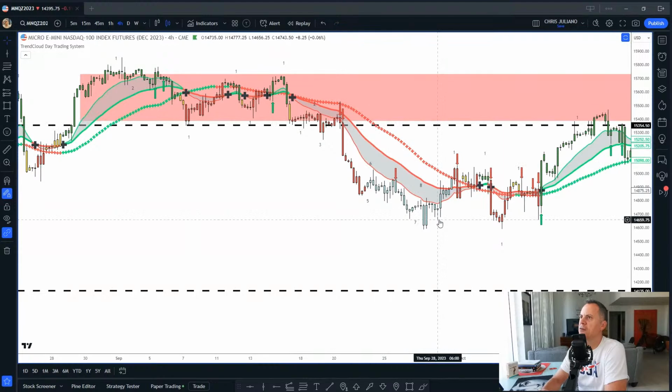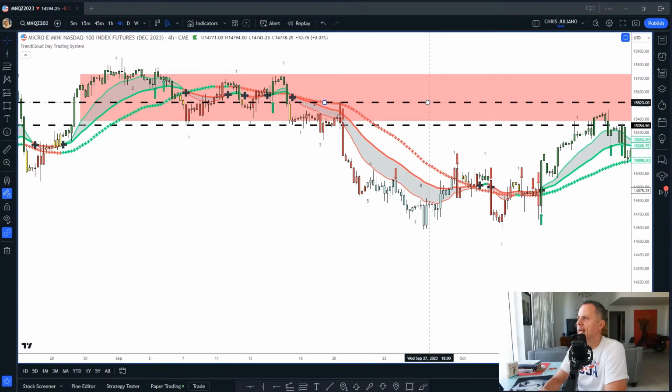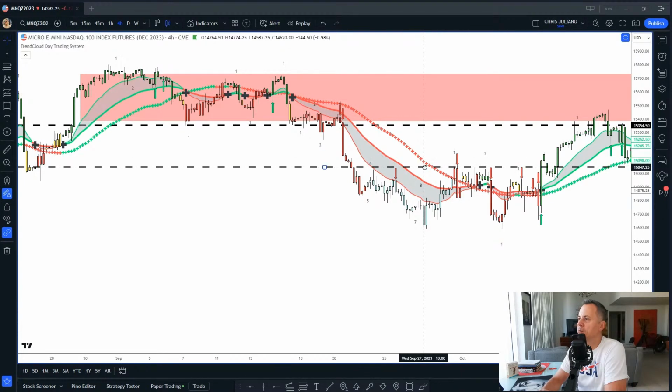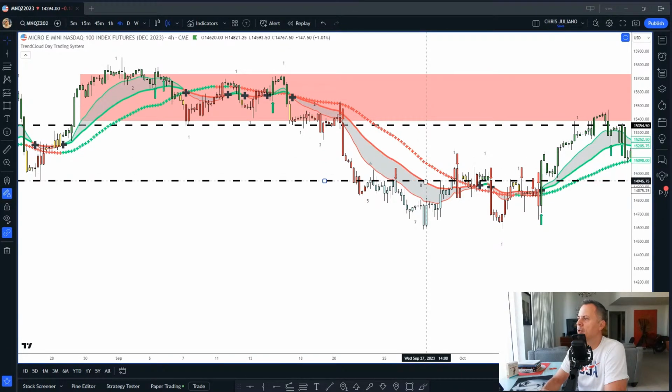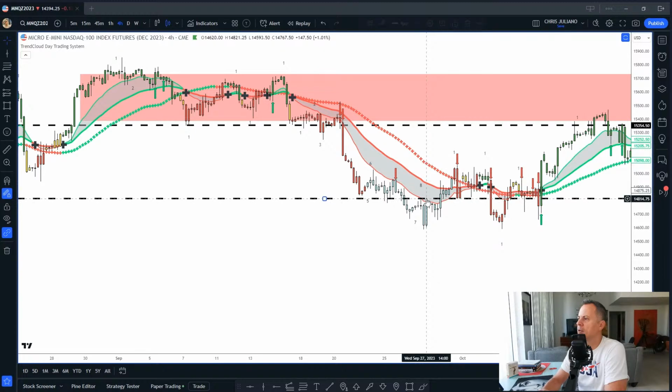From here to here, this is the 4-hour chart, guys. This is from September 20th all the way to September 28th. This is 8 days of profits, okay, that you're trailing down like that. This was a really long move, but trailing this thing down, it would have stopped you out right here.